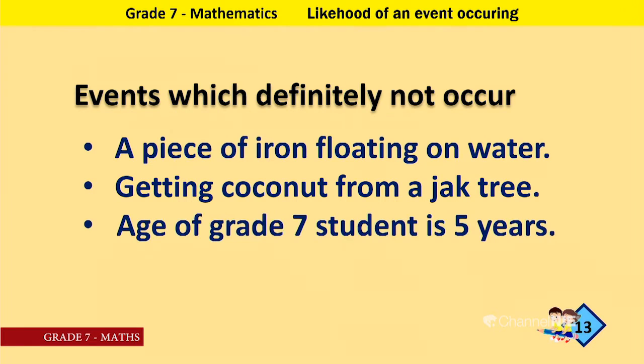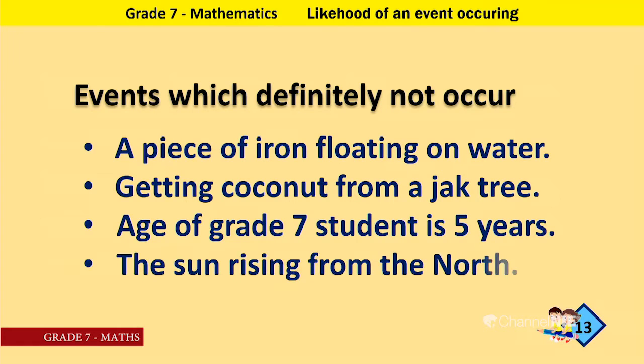So, it is once again an event that would definitely not occur. Then, a grade 7 student can't be 5 years old. And as we have discussed, the sun always rises from the east. Therefore, the sun rising from the north also is an event that would definitely not occur.